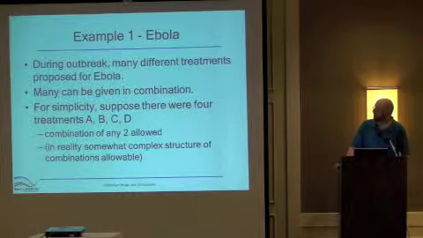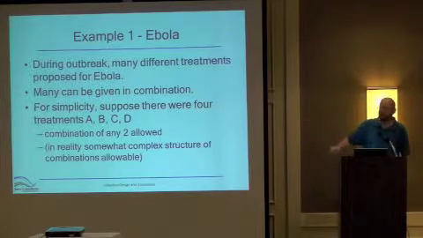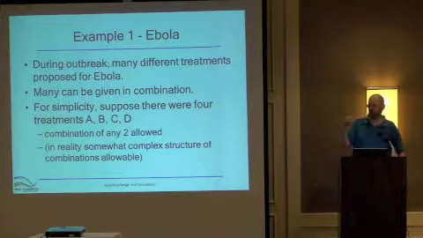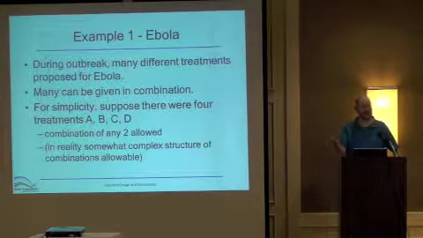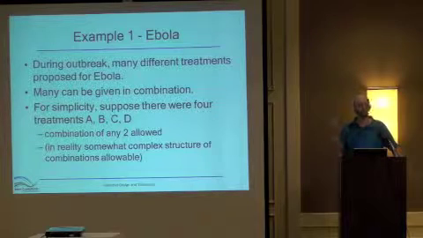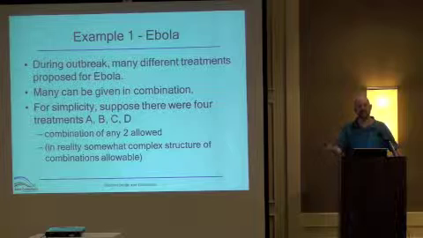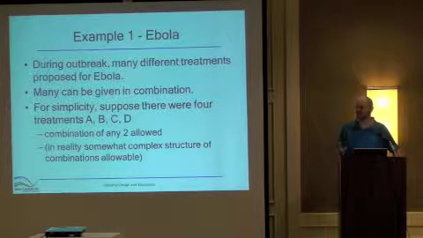If you think of A, B, C, D and all the different ways we can combine them, we can do A and B, A and C, A and D. We can do A alone, B alone, B and C, B and D, C and... Anyway, there are 10 if I go through them all.